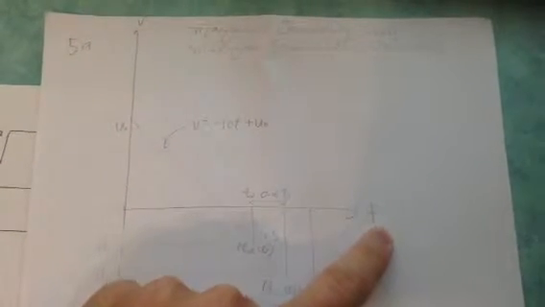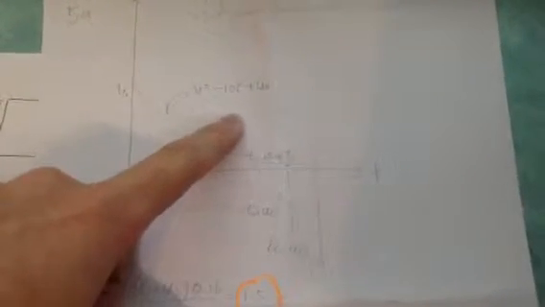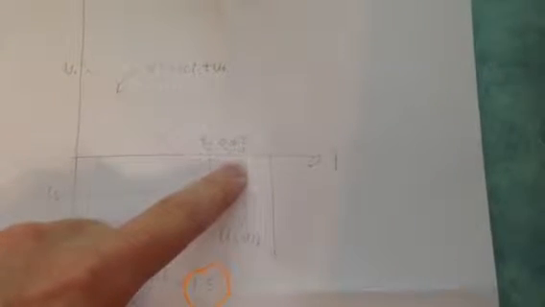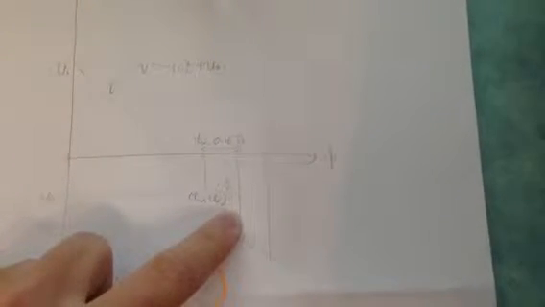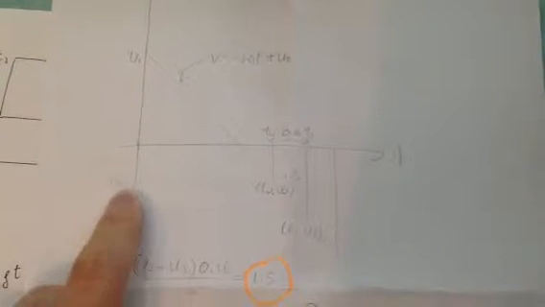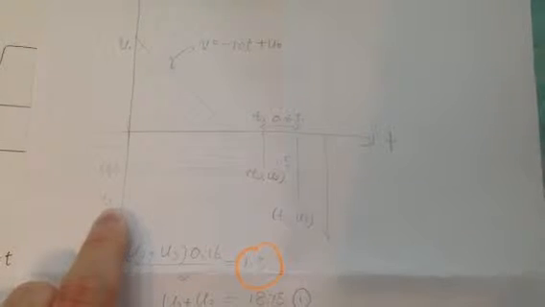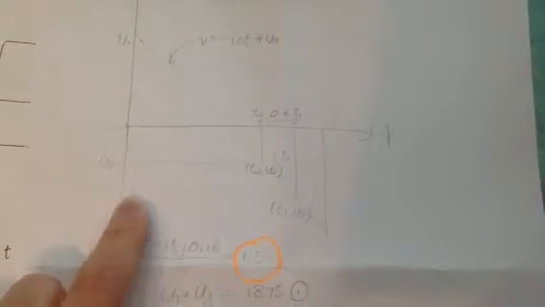V is the y-axis, time is the x-axis, and u0 is the projection speed, and the equation is V equals -10t plus u0, and u0 is on the y-axis as well. t2 is the time when the stone reaches the upper edge of the window while falling, and t3 is the time when the stone reaches the lower edge while falling. u2 is the speed when it is passing the upper edge, and u3 is the speed when the stone is passing the lower edge.